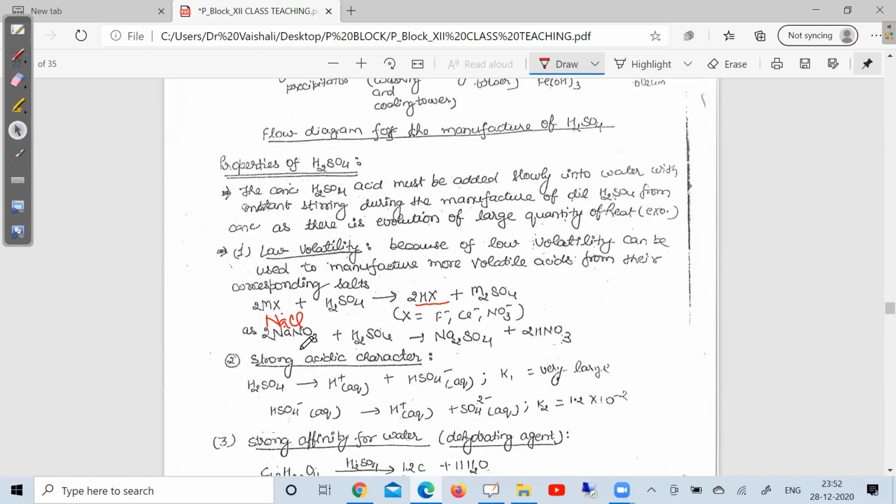Similarly, nitric acid is also prepared by treating sodium nitrate with concentrated sulfuric acid. NaNO3 reacts with sulfuric acid to give HNO3, which is also a fuming acid. So the first property is low volatility, and for this reason, all the fuming acids can be prepared.